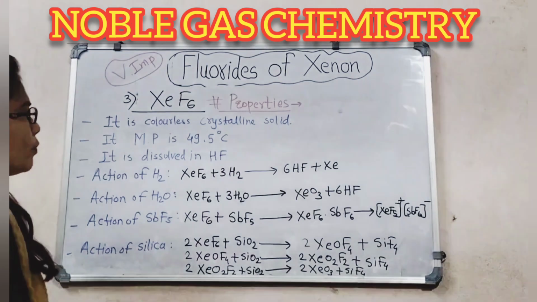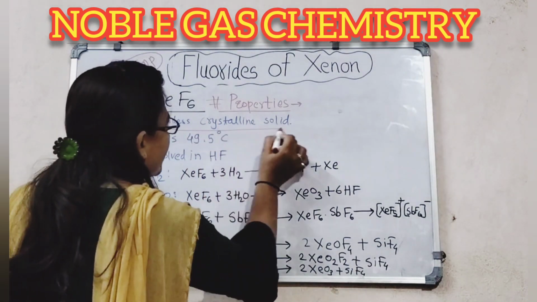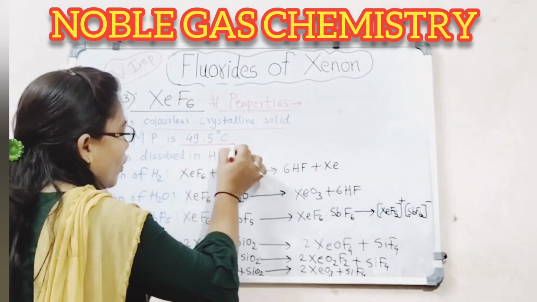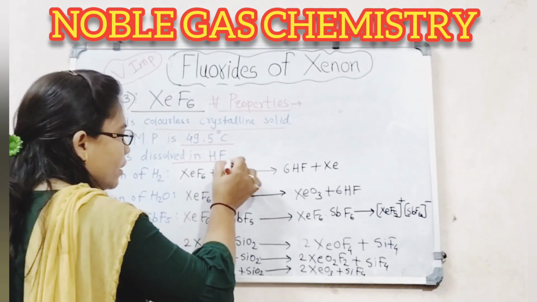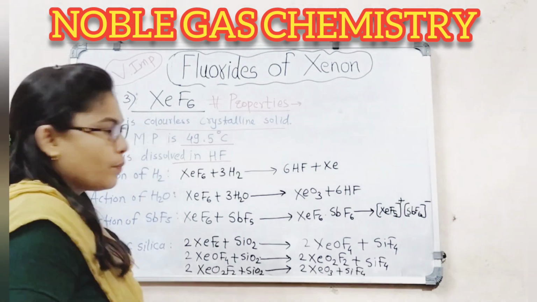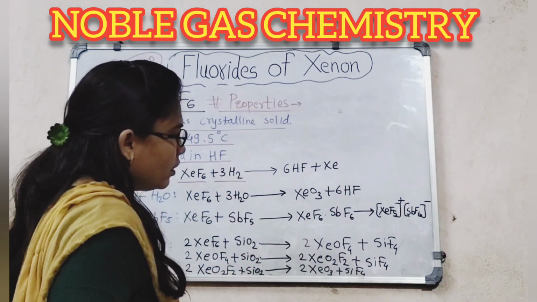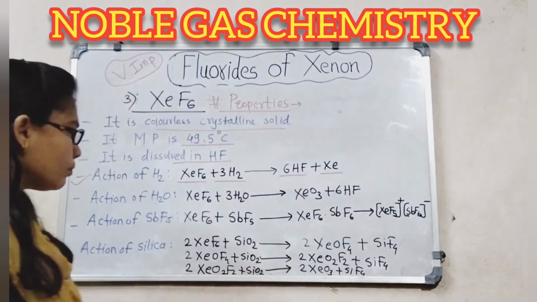First property: it is a colorless crystalline solid. Its melting point is 49.5 degrees Celsius and it dissolves in HF. Then action of H2. When xenon hexafluoride reacts with hydrogen, it gives hydrogen fluoride and xenon.